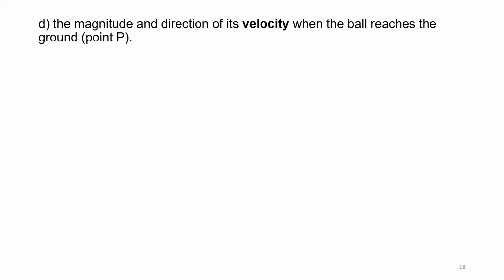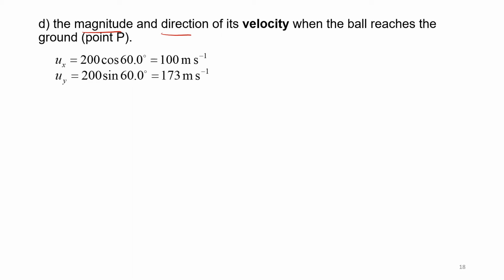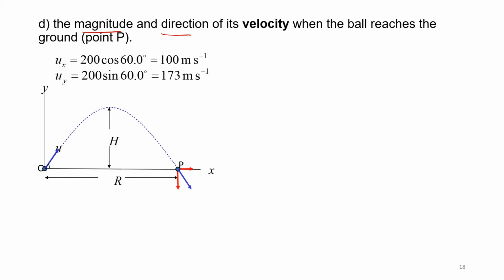Now question number D, calculate the magnitude and direction of its velocity when the ball reaches the ground at point P. Given Ux 100 meter per second, Uy 173 meter per second. Given the diagram, at point P, we have two component velocity. Velocity at component Y, V1Y. Velocity at component X, V1X.